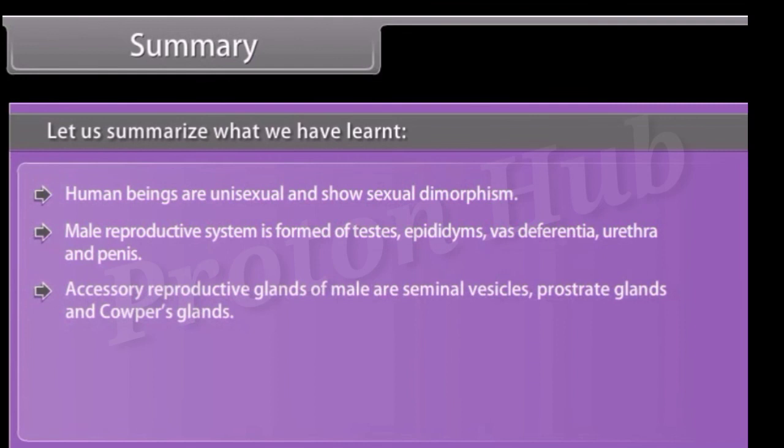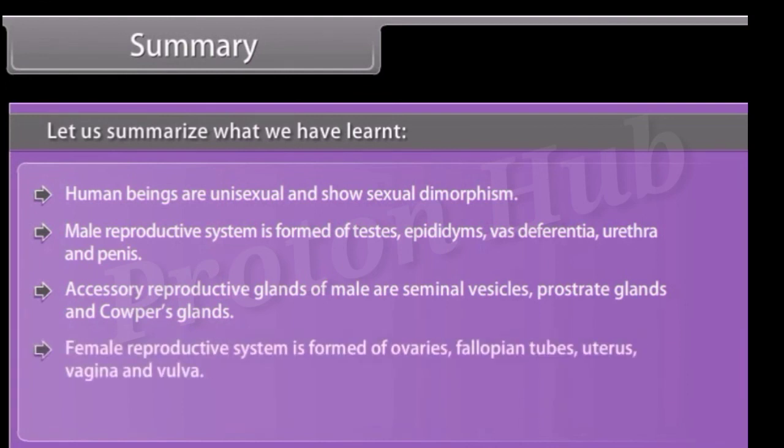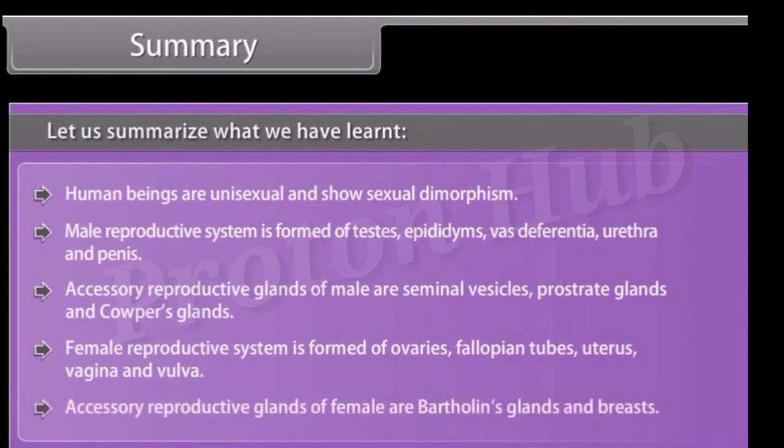Accessory reproductive glands of male are seminal vesicles, prostate glands, and Cowper's glands. Female reproductive system is formed of ovaries, fallopian tubes, uterus, vagina, and vulva. Accessory reproductive glands of female are Bartholin's glands and breasts.